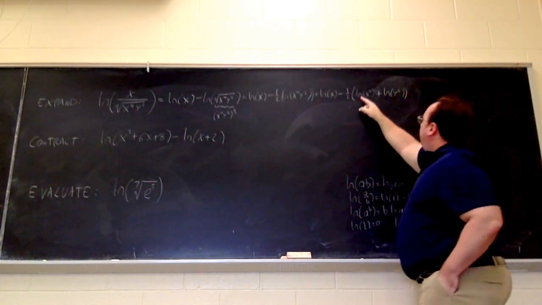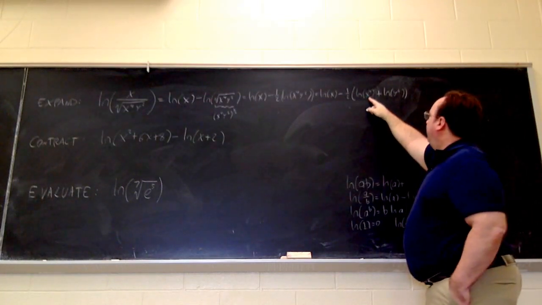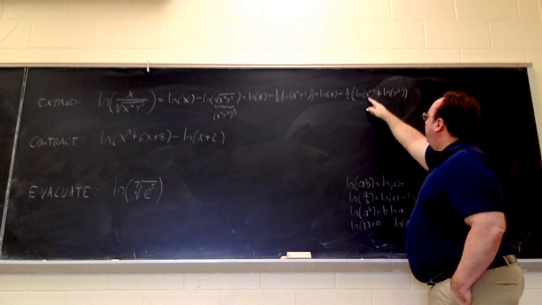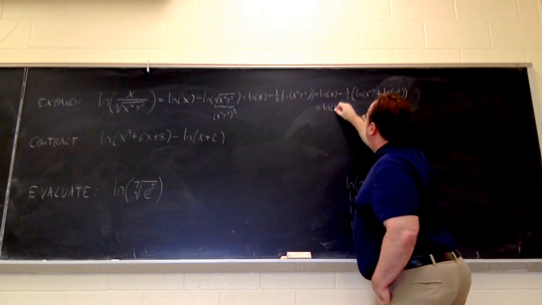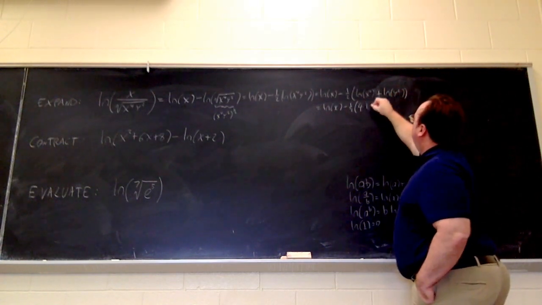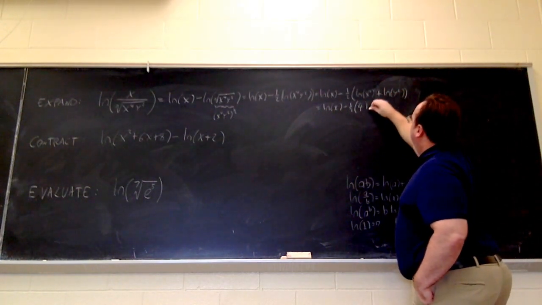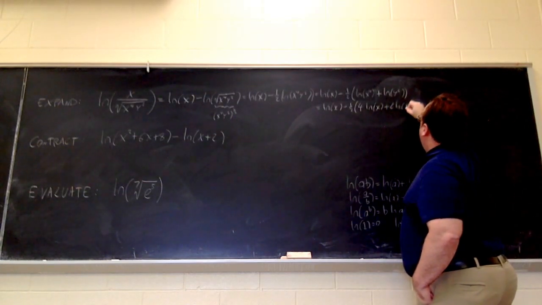And now, in each of these, I can use the third property, as I have something raised to a power, so I can pull the exponents down in each term. So I have natural log of x again, minus 1/2 again, and then I have in here 4 natural log of x plus 2 natural log of y.